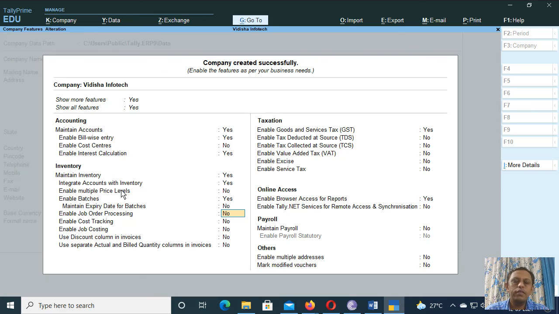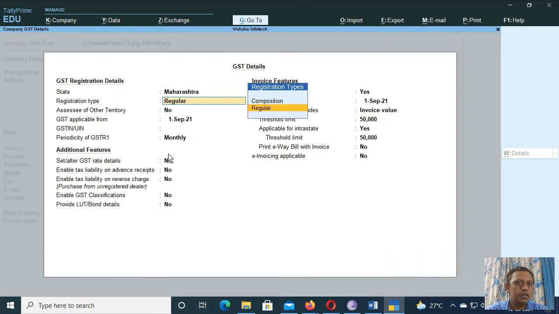So for that we will have to wait for 4, 5, 6 videos. After that we will be dealing with order processing, cost tracking, job costing. After that, GST is enabled, as we did in the previous lecture.